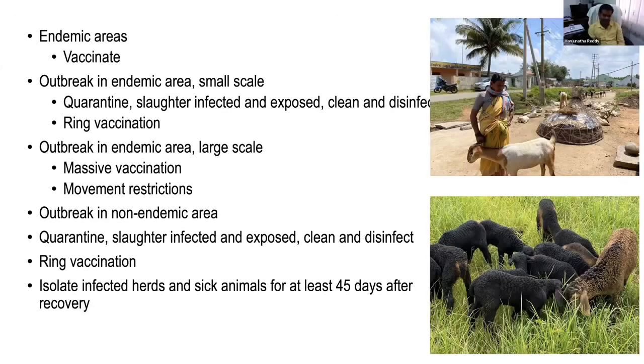Such things can be implemented if it is a large scale outbreak. If an outbreak is in non-endemic areas, the best way is to quarantine, then stamping out. Then again ring vaccination, and isolation of the infected herds for at least 45 days for recovery.